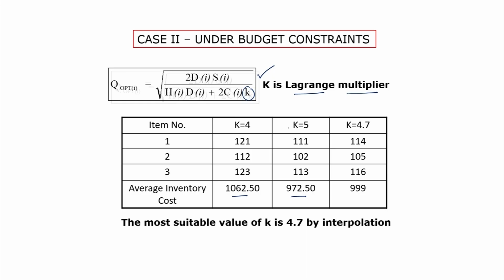So, I can interpolate between them, and I find that with k of 4.7, the total average inventory cost is close to 1000 rupees. So, I should place an order of 114 units of item 1, 105 units of item 2 and 116 units of item 3, so that the budget constraint is maintained.